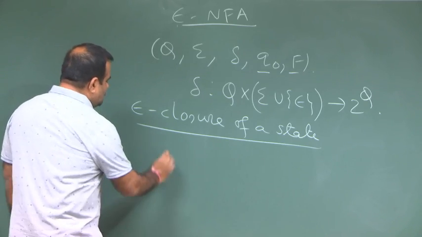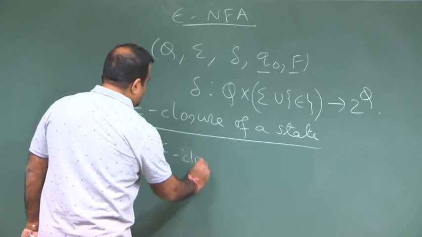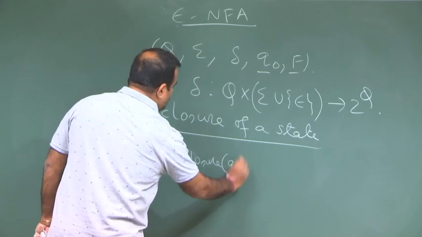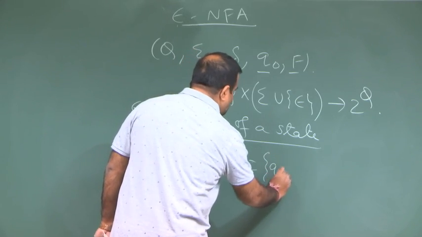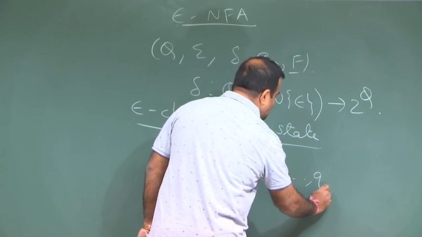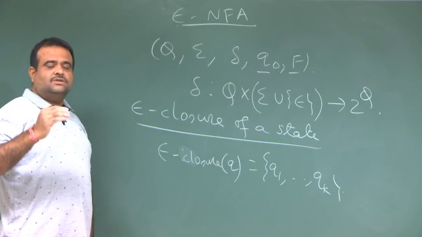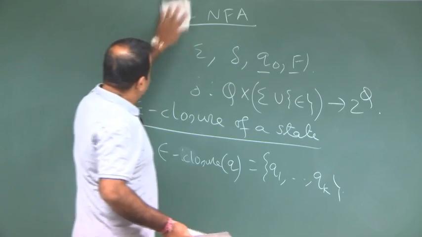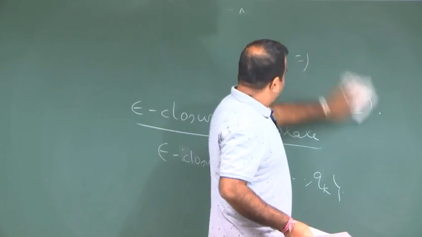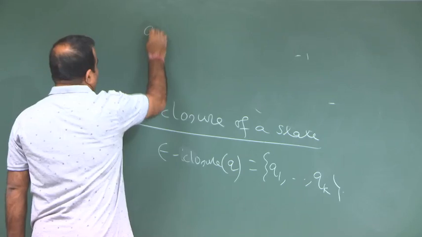So the epsilon closure of q is the set of all states q1, q2, ..., qk such that from q we are able to move to those states only with the epsilon move.